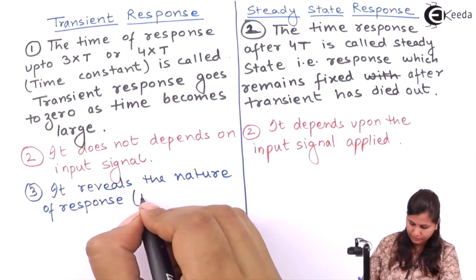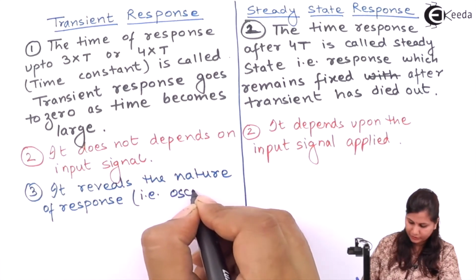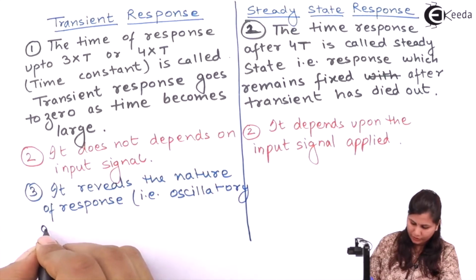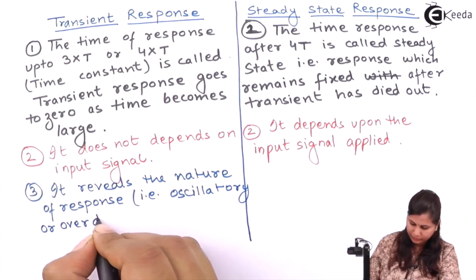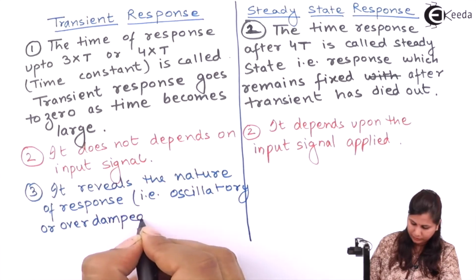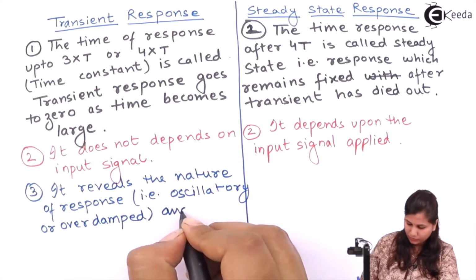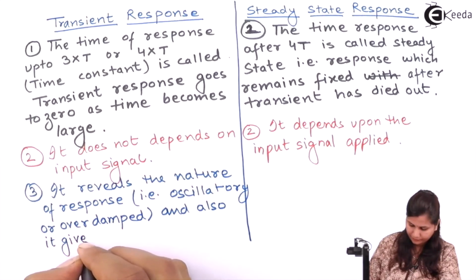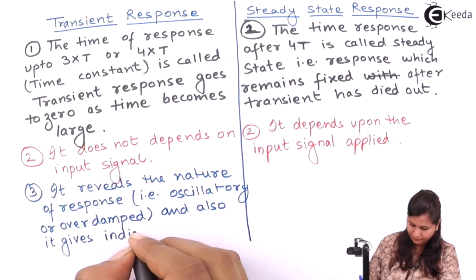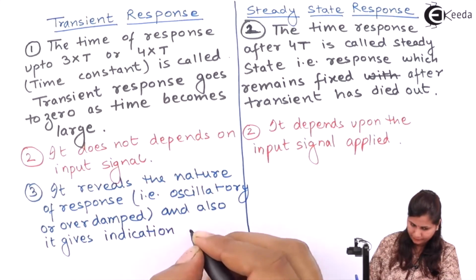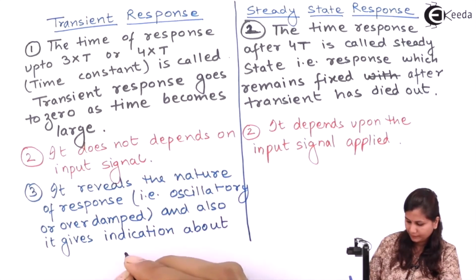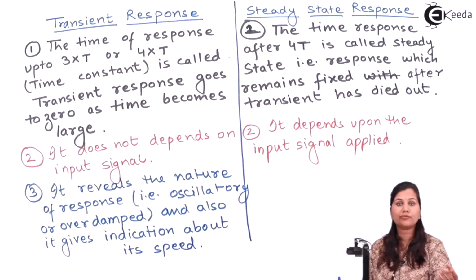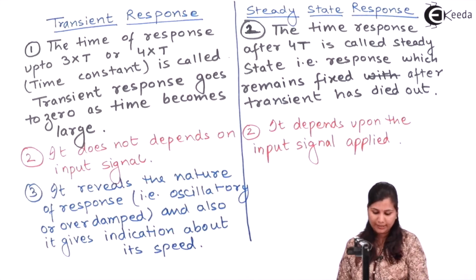And it will reveal whether it is oscillatory or over damped. Okay, and also it will give an indication about the speed of response of the system, that is, how fast or slow the response of the system is.